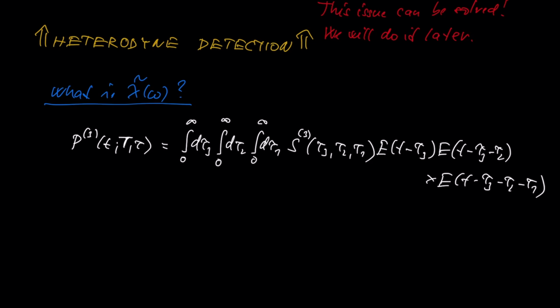Clearly, if tau 1, 2, 3 are positive, as they are in the integration here, then the last occurrence of the pulses is the one that acts first, and then we have a second and third pulse interacting sequentially with the system according to some response function, and the integral over all these possible interactions builds the third order polarization.